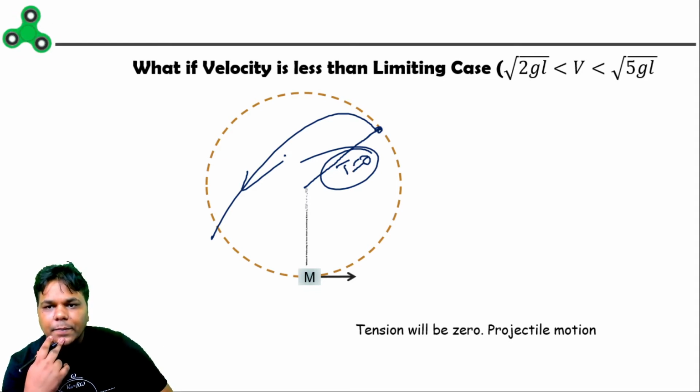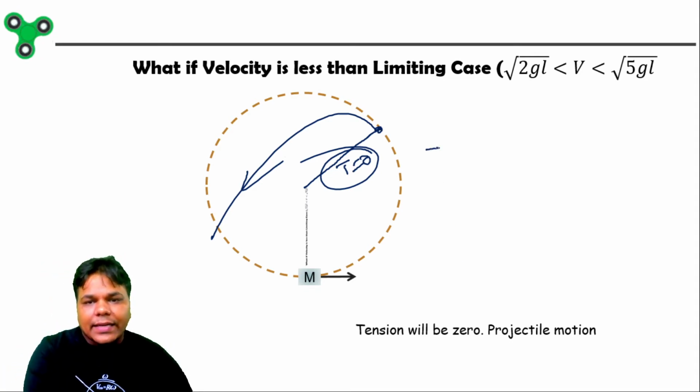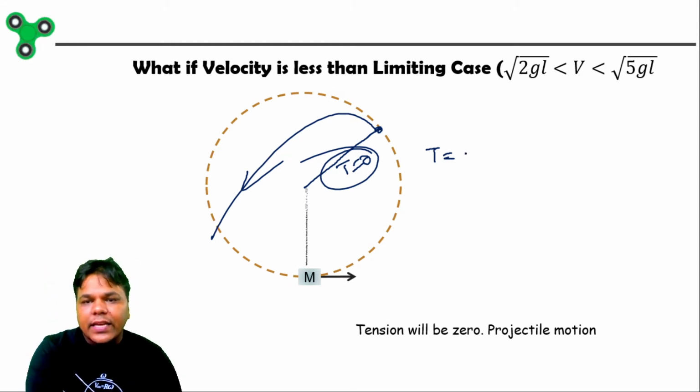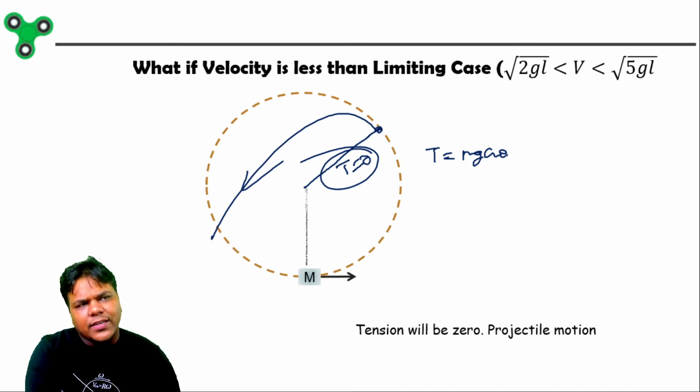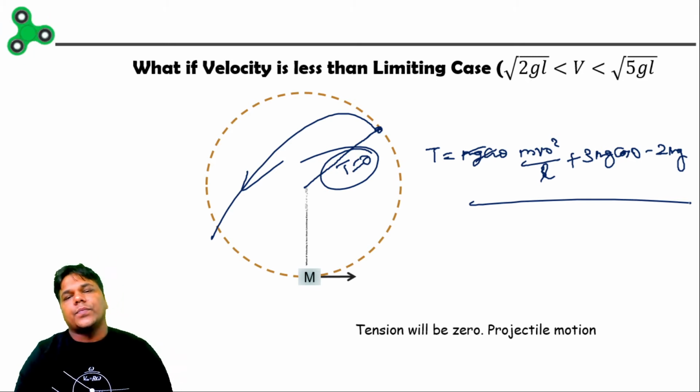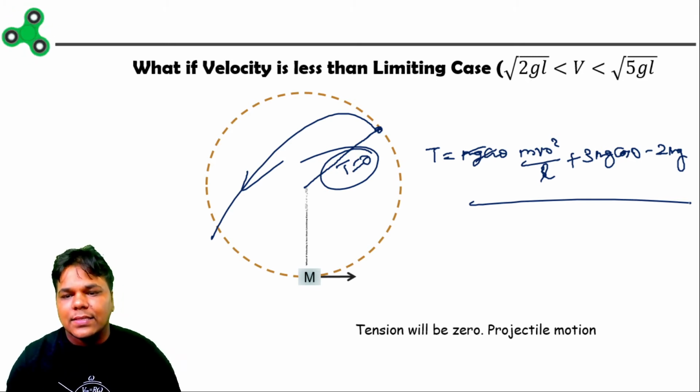It's clear? So, for example, tension at that point, is it mg cos theta? No. It will be mv naught square by L plus 3 mg cos theta minus 2 mg. That is the case. Okay.